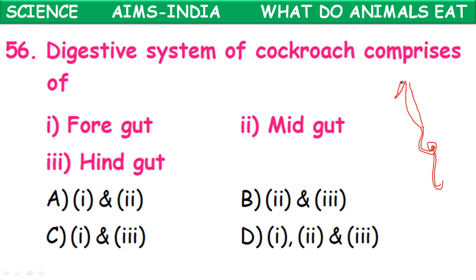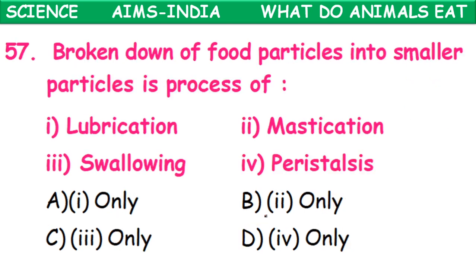Here it possesses the salivary glands. So foregut, midgut and hindgut. Breaking down of food particles into smaller particles is known as lubrication, mastication, swallowing, peristalsis. We use our teeth for this mastication.